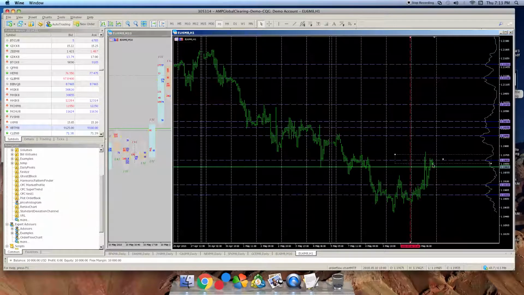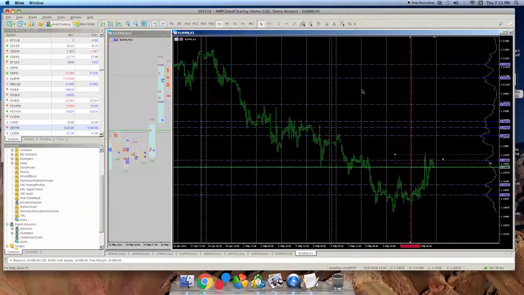The indicator will tell you, based on these horizontal lines, that you have high volume nodes, and high volume nodes, based on market auction theory, are considered to be acceptance areas.